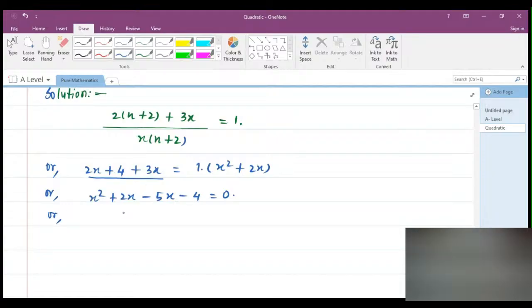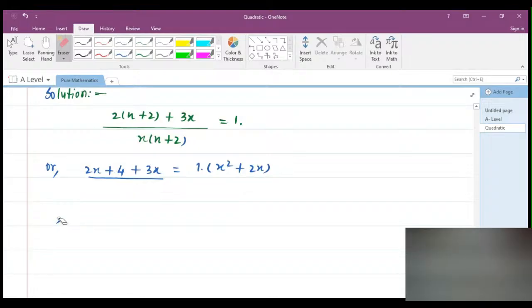So we write down here x square, and here 2x minus 5x equal to, so I committed a mistake here, so let's see once again.